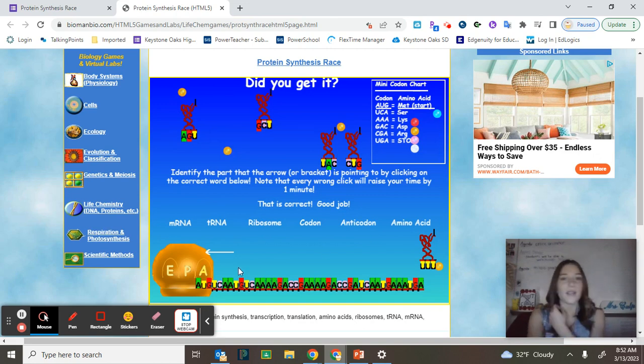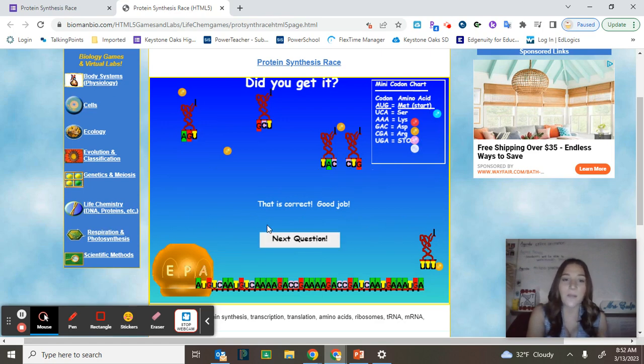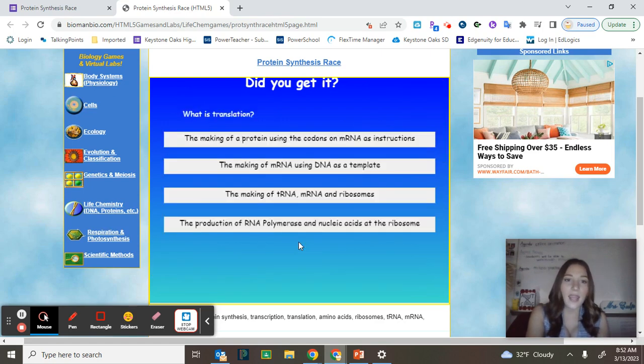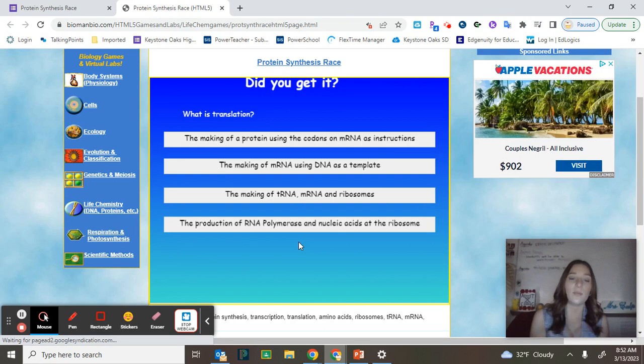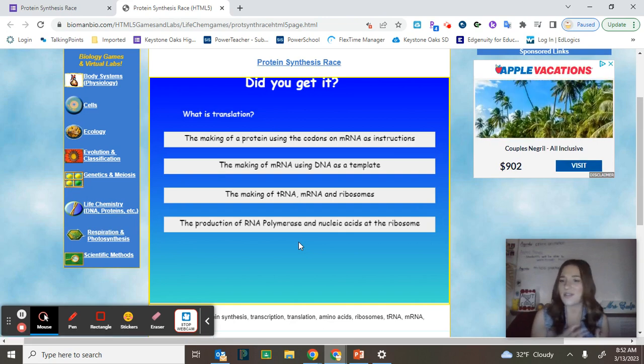Where do we do this? Where do we do translation? I do it at this site right here, which is a ribosome. And that is the location of this process. So, what is translation? The making of a protein using the codons and mRNA's instructions, making mRNA using DNA, making tRNA and mRNA in ribosomes, or producing RNA polymerase.